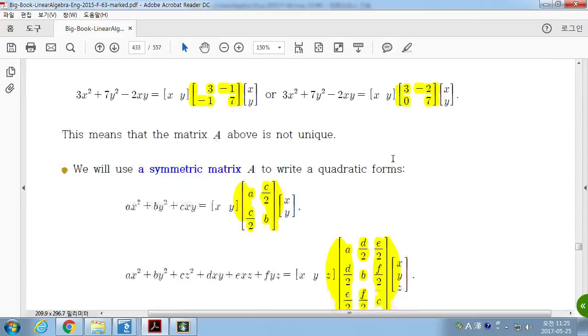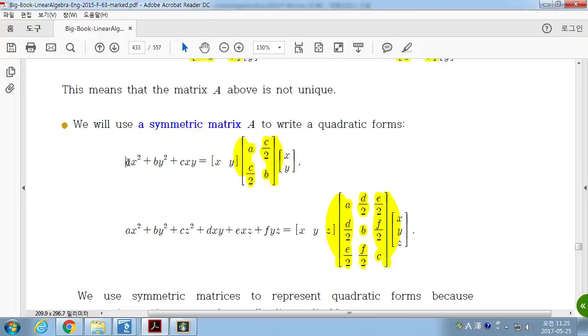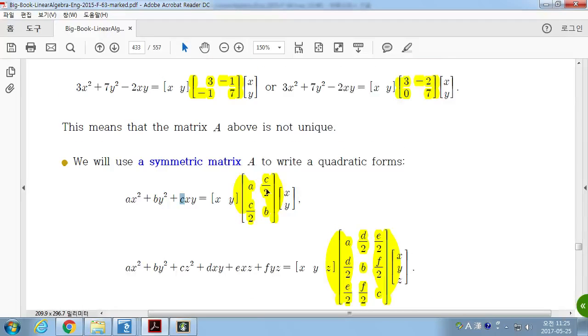But we know every quadratic equation like this can be written in this way if we choose the 1,2 entry as C over 2, and the 2,1 entry as C over 2. Instead of choosing this, if we choose it this way, if we have a -2, then -1 here and -1 here, we can always do it like this.